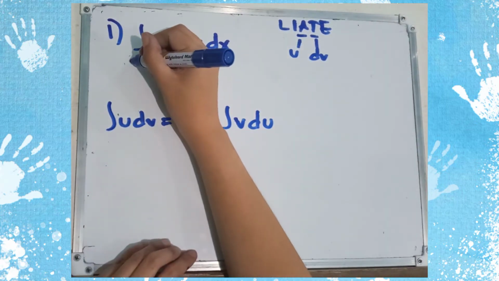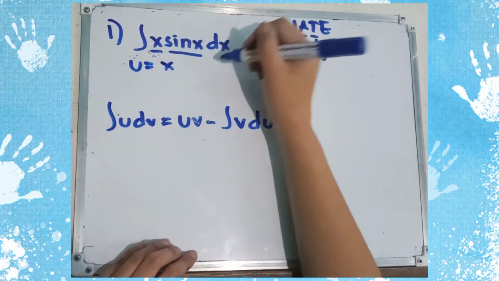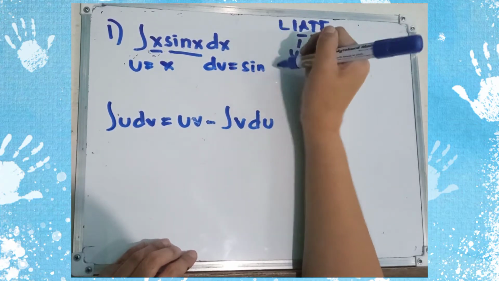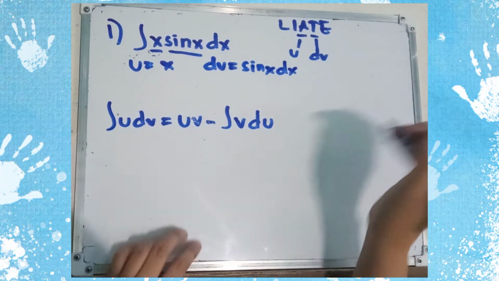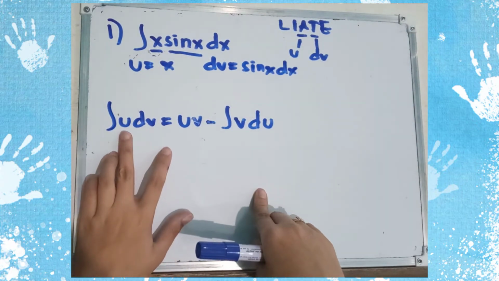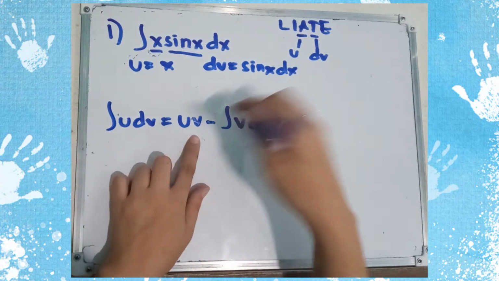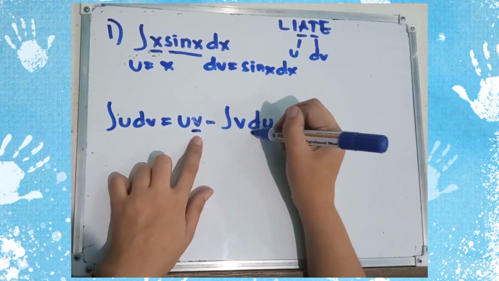We let u be x, and dv will be sine x dx. You already have the values of u and dv, but we still need to get the value of v and the value of du.